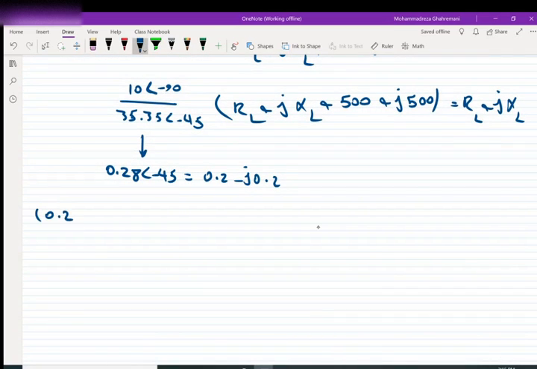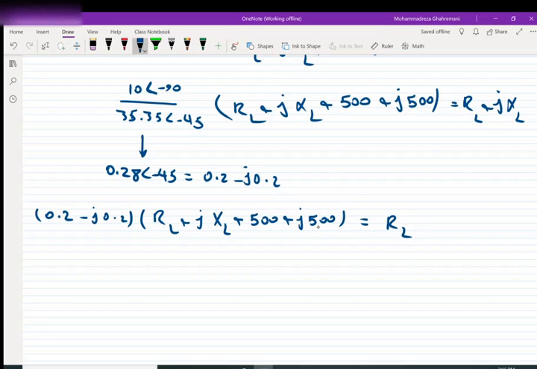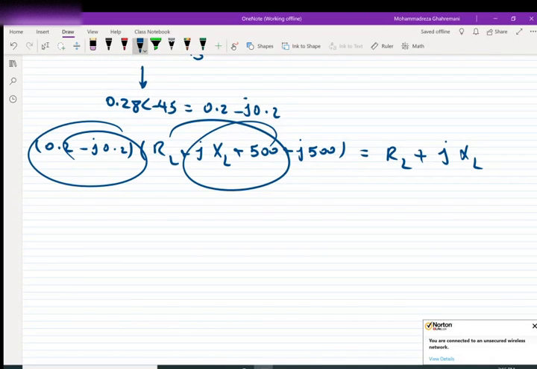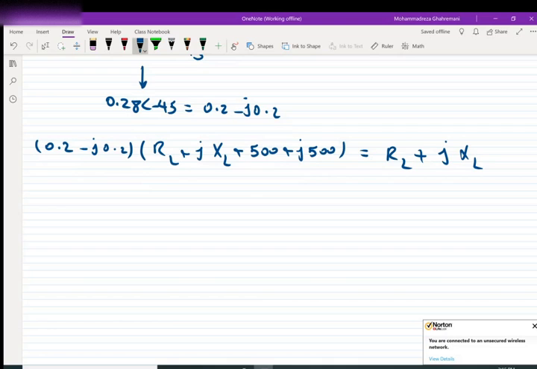So 0.2 minus j0.2 times RL plus jXL plus 500 plus j500 is equal to RL plus jXL.